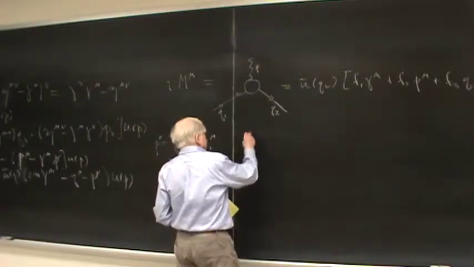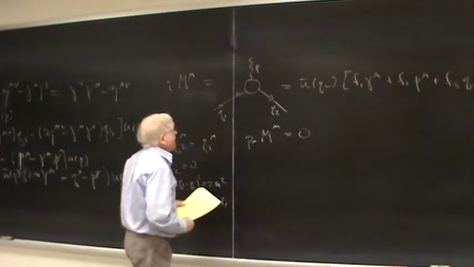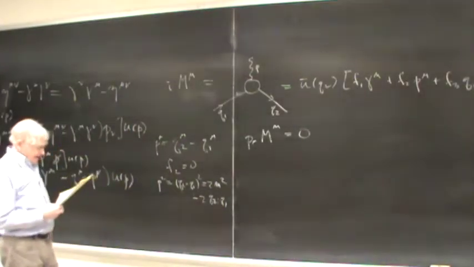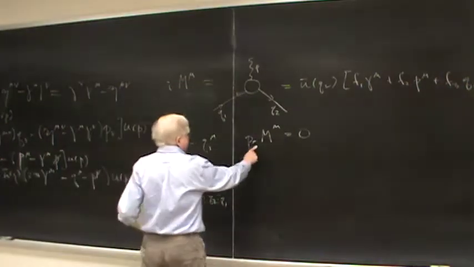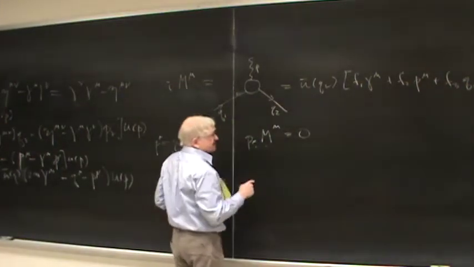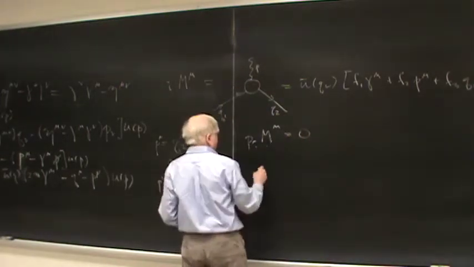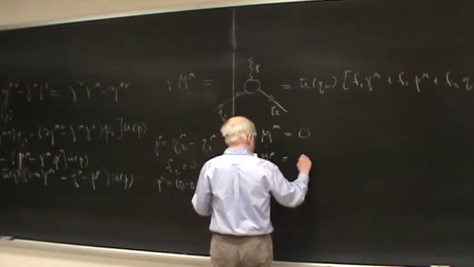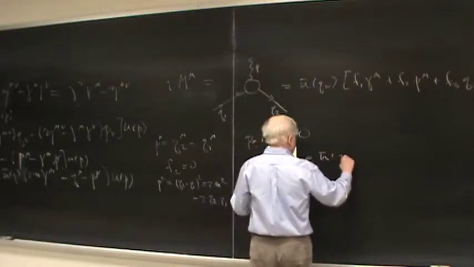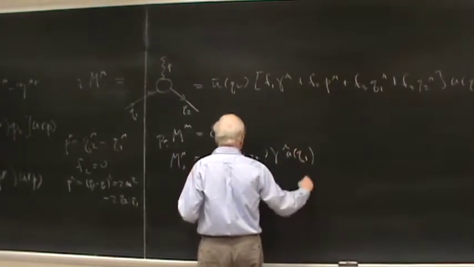Now, the Ward identity tells us that p_μ M^μ is 0. And by the way, this is clearly satisfied for the lowest order diagram, because the lowest order diagram is M0^μ, which is −e ū(q2) γ^μ u(q1).